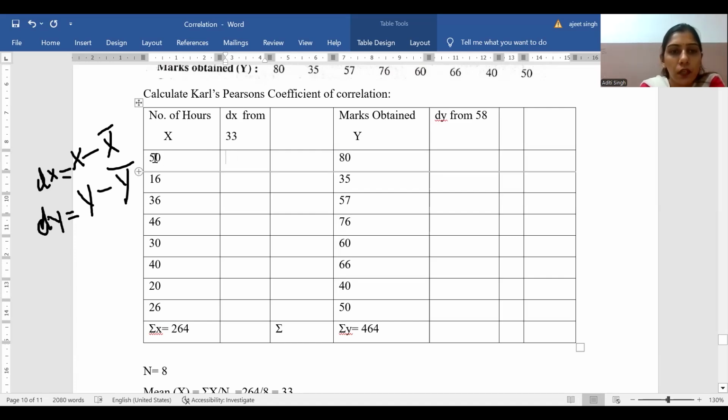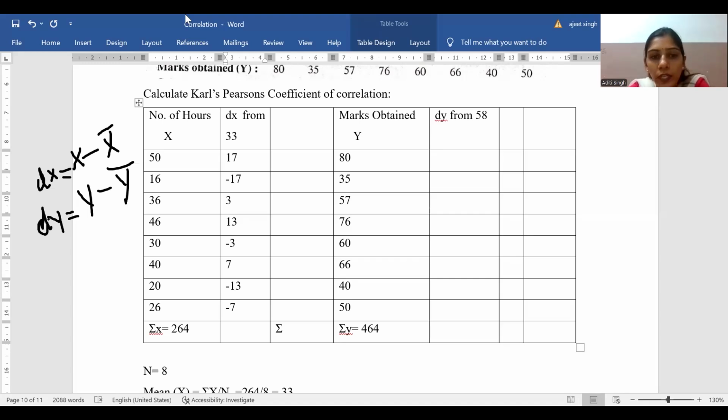50 minus 33 is 17. 16 minus 33 is again 17, but it's minus 17. 36 minus 33 is 3. 46 minus 33 is 13. 30 minus 33 is minus 3. 40 minus 33 is 7. 20 minus 33 is minus 13, and 26 minus 33 is minus 7.